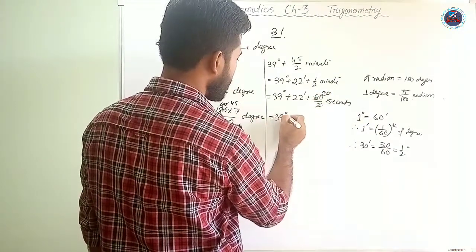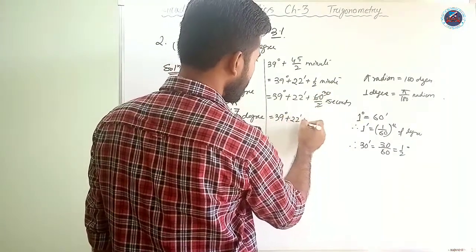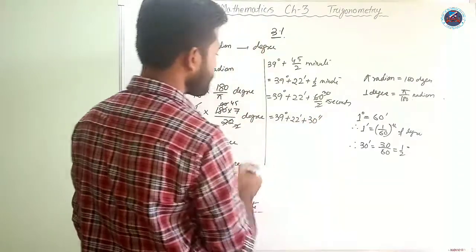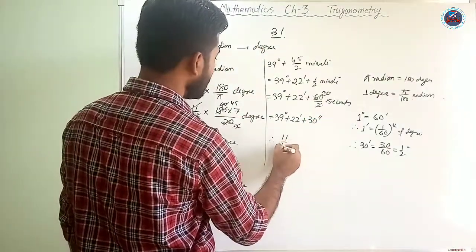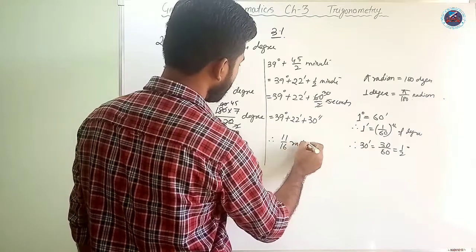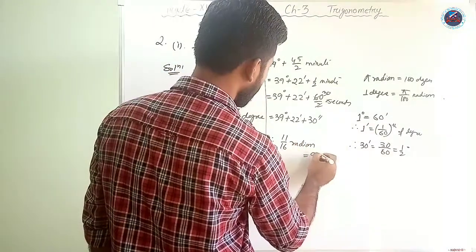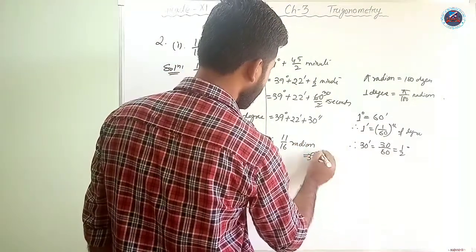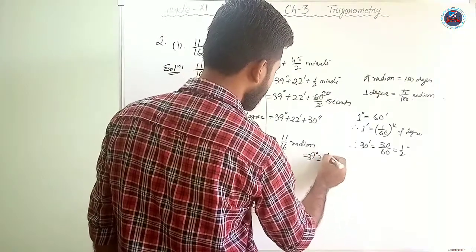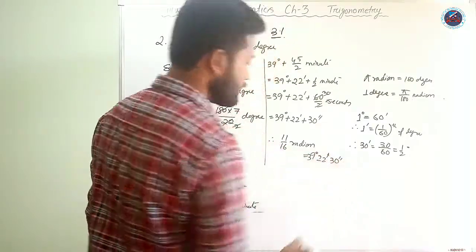So our final answer will be 39 degree 22 minute and 30 second. Therefore 11 by 16 radian is equal to 39 degree 22 minute and 30 second.